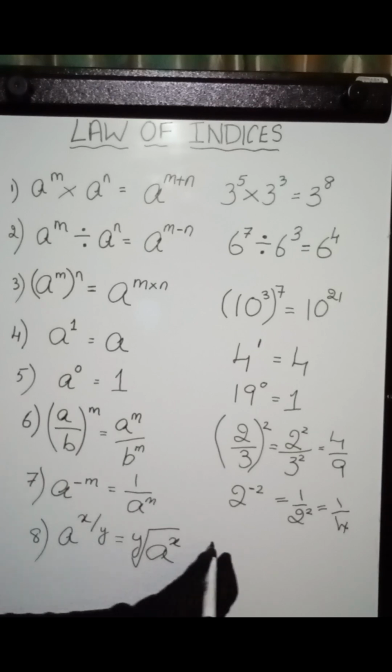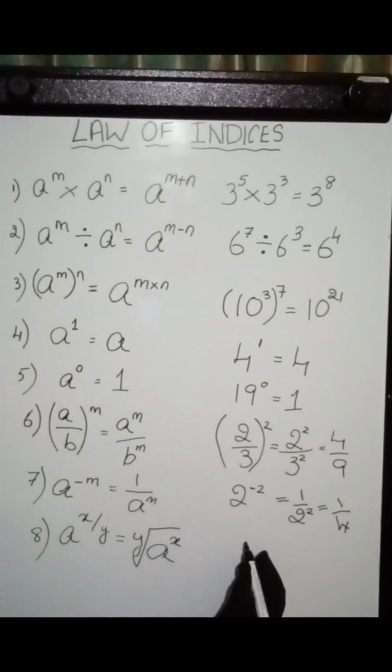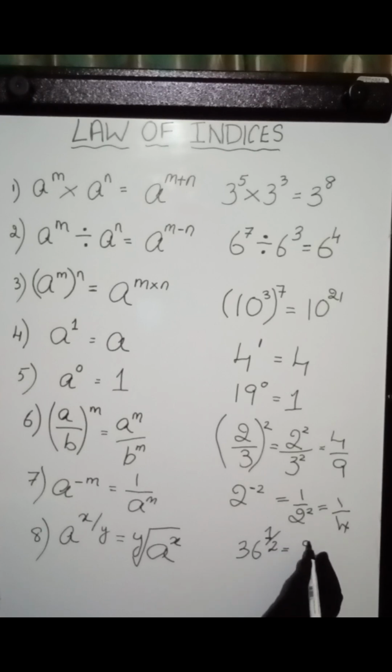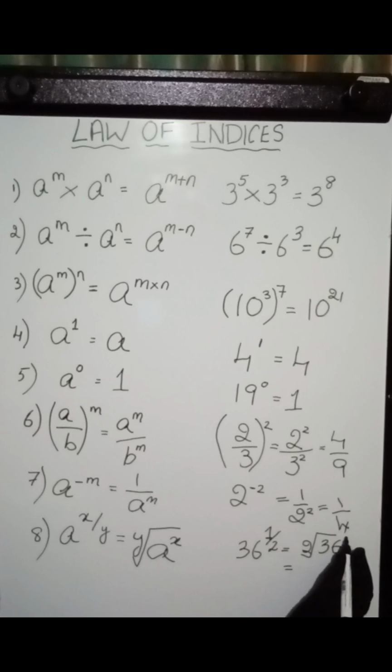For example, if you have 36 to the power of half, in this case, this will be equivalent to 2 root 36 to the power of 1, which is nothing but root of 36, which is 6.